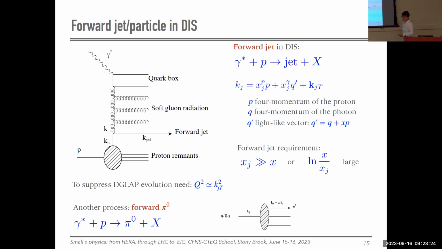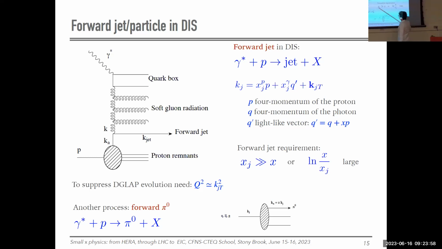So for the forward jets, you can ask for a forward jet in DIS or a forward particle. So this is gamma star p, and you ask for a jet and then the rest. This is x_Jp, the longitudinal momentum fraction of the proton carried by this jet.